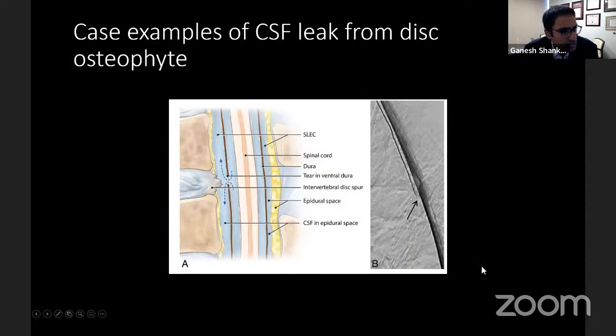So just to show a couple examples of CSF leaks, type 1 leaks that occur from a disc osteophyte complex. Here you can see a digital subtraction myelogram.